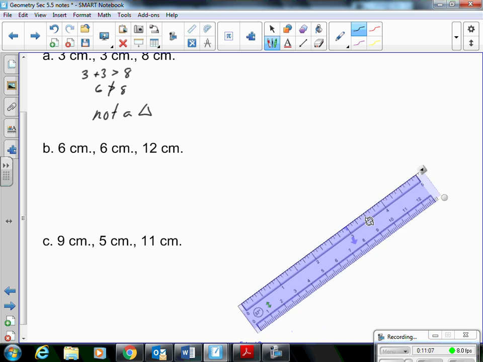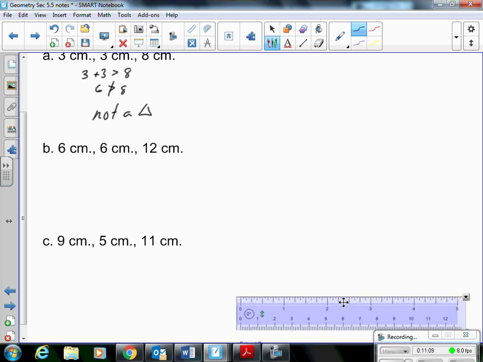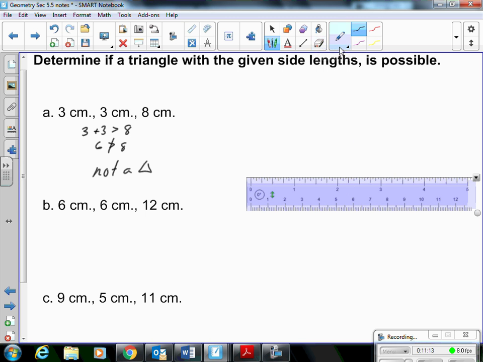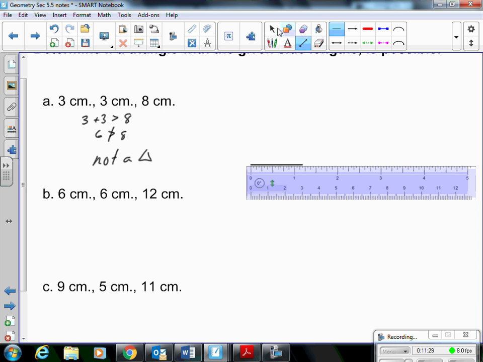Which should make a little bit of sense, because if we illustrate that, let's see.